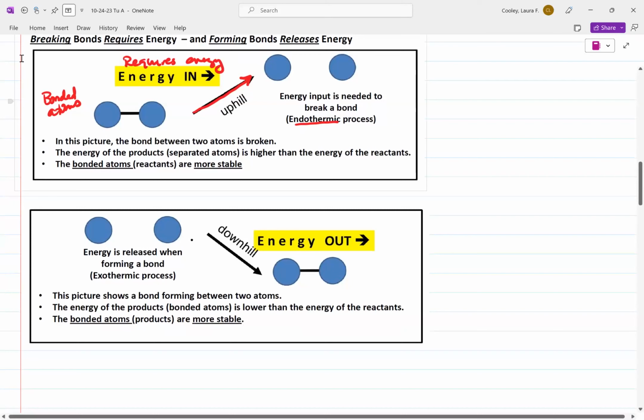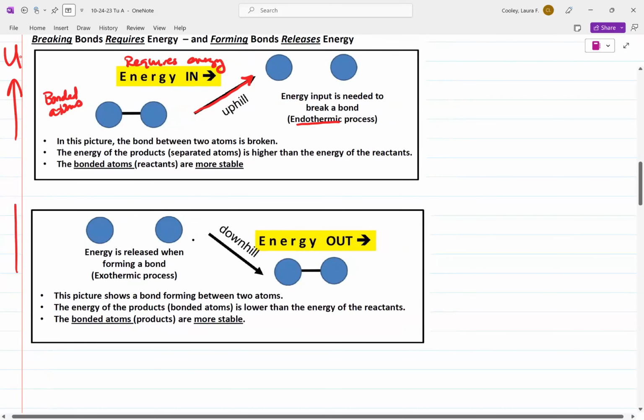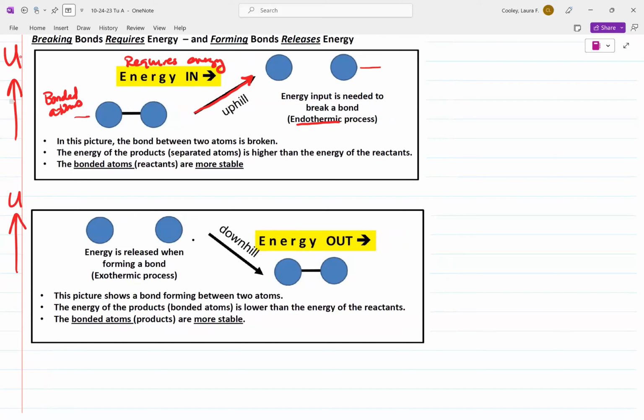In this case, you start at a more stable situation. This is internal energy on this axis here. So you start out more stable at a lower energy and you end up less stable at a higher energy.